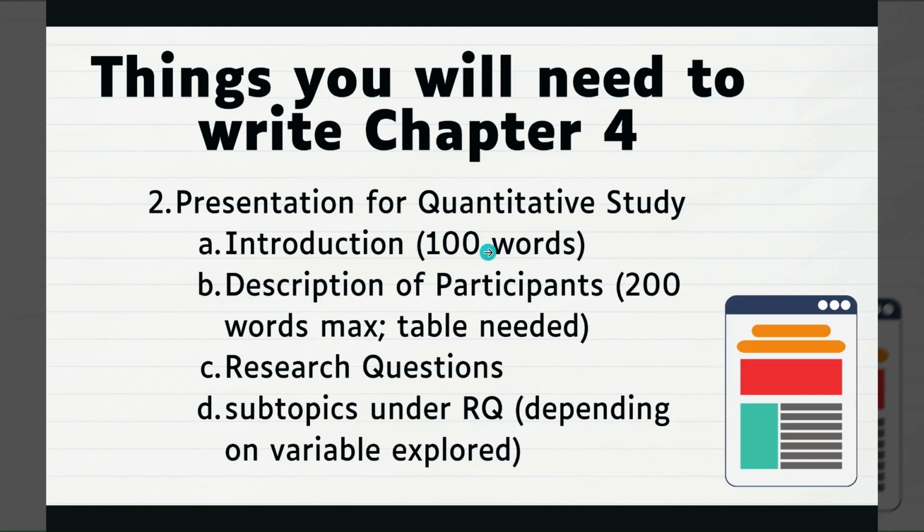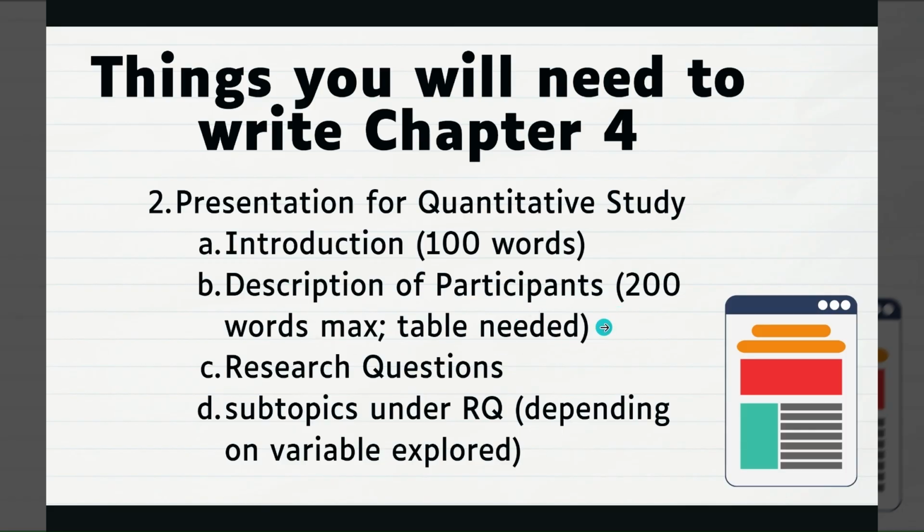So we begin with, for the quantitative study, an introduction that is more or less 100 words, basically just revisiting the purpose of your study so that your readers may be reminded of the aims of your study. Sometimes you can also provide some review of the methodology.